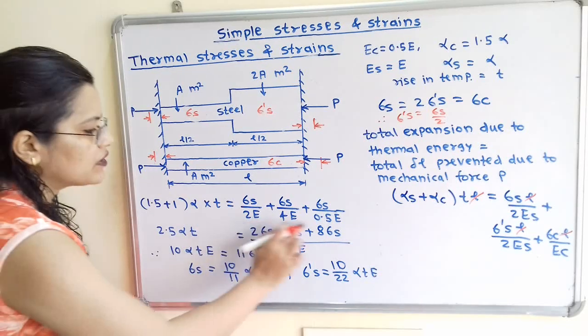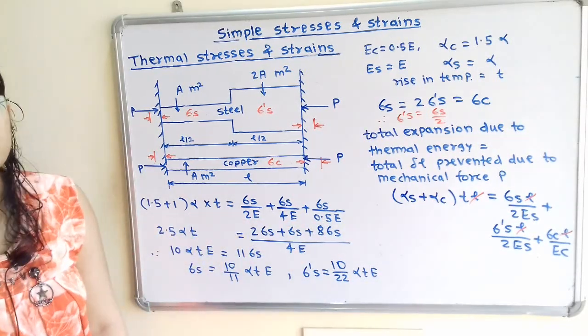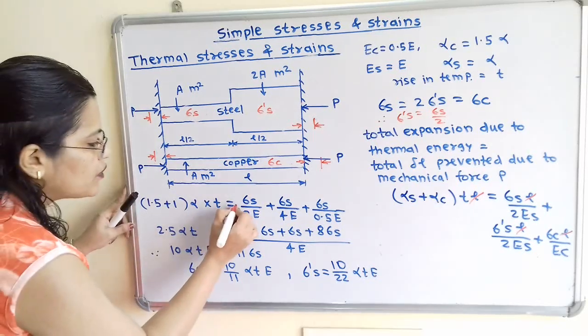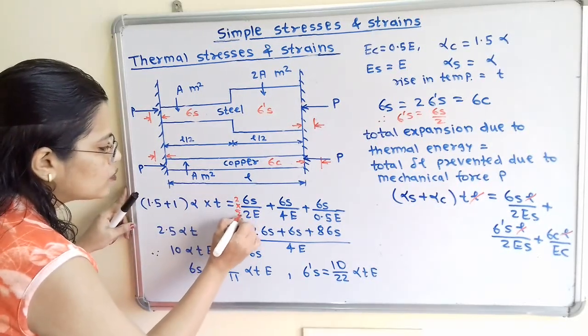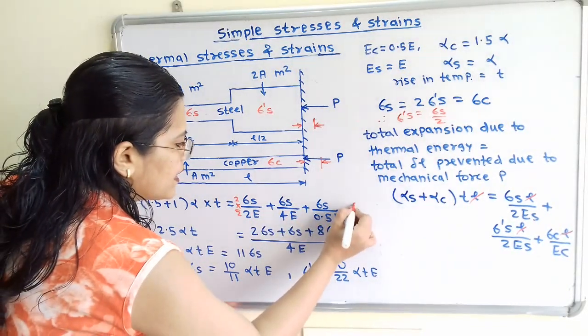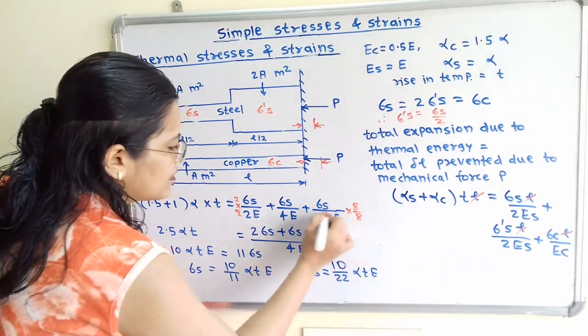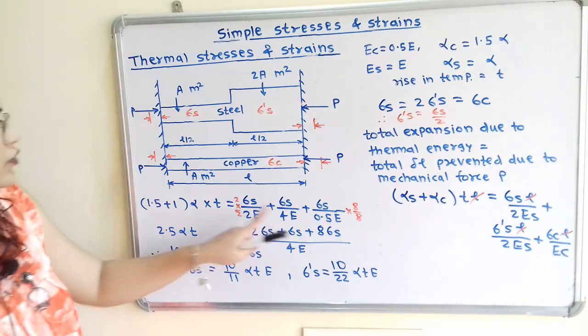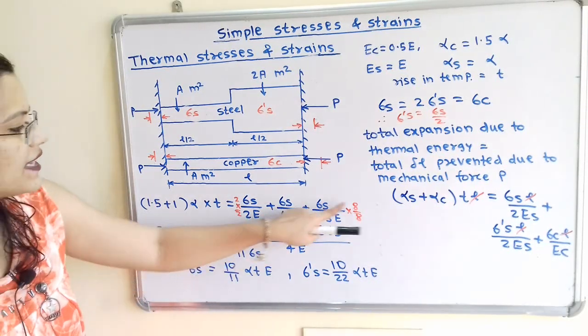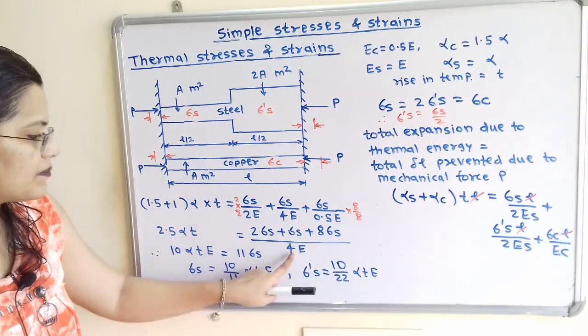Now we have to take a common denominator. Here 4E is the larger term. If we multiply here by 2 by 2, it will become 4E, and if we multiply here by 8 by 8, then this denominator will become 4E. So we can write 2 sigma S plus sigma S plus 8 sigma S divided by 4E.